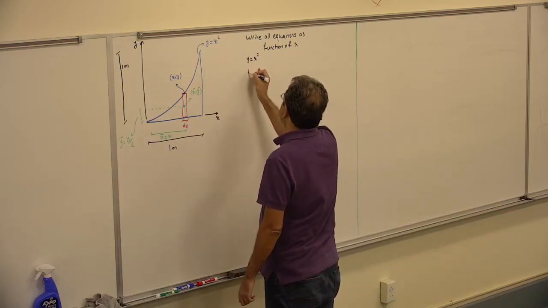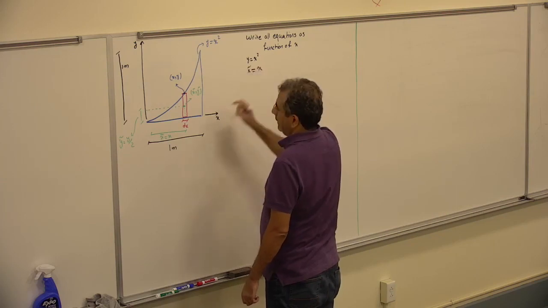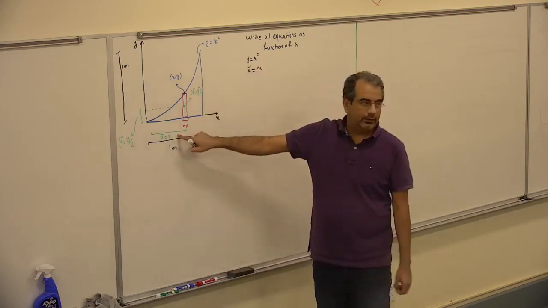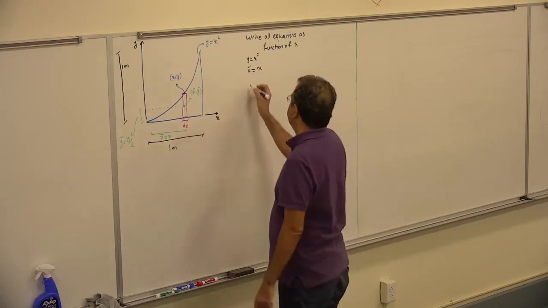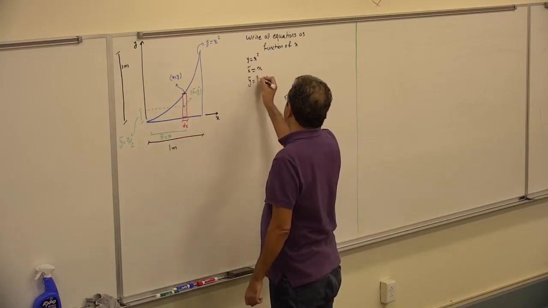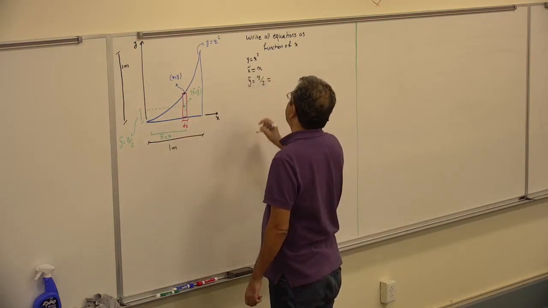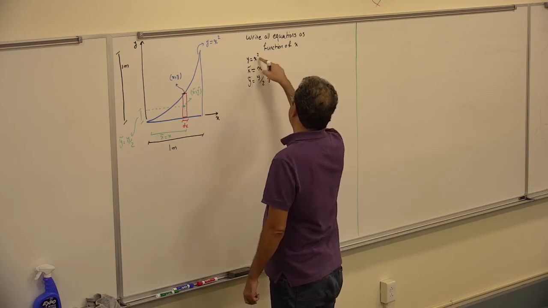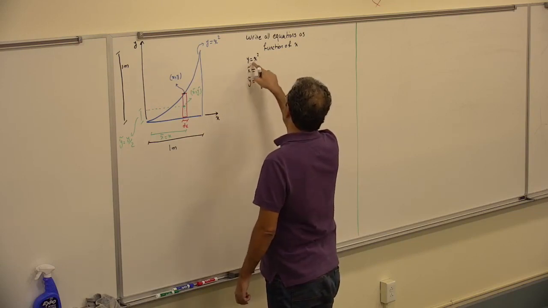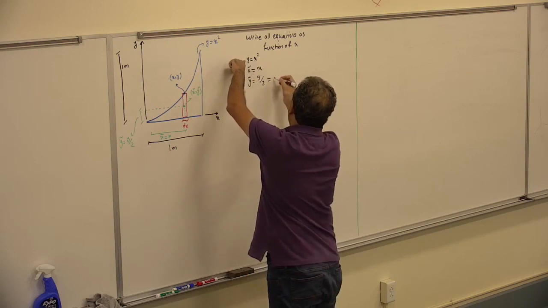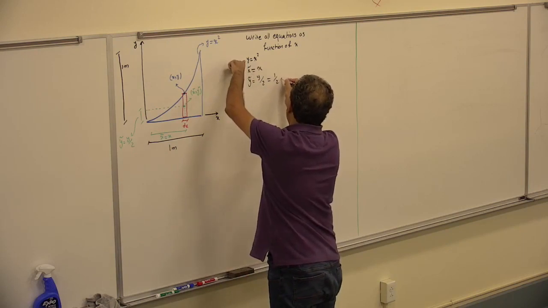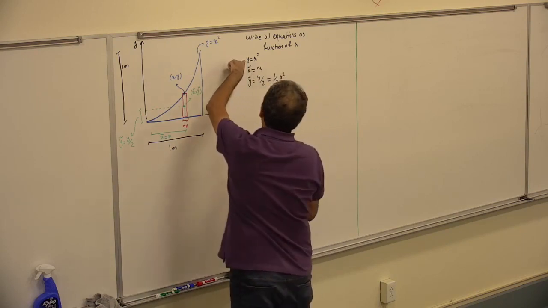The x tilde is x, so I don't need to do anything. Then the y tilde is half of the y, so I replace the y from the first equation: half of x squared.